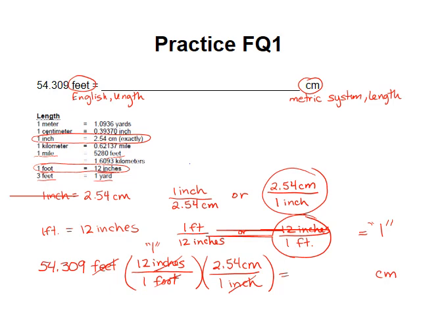Next, we need to perform the mathematical operations on our calculator. In this case, we'll multiply 54.309 times 12 times 2.54. Our calculator gives us 1,655.3382.